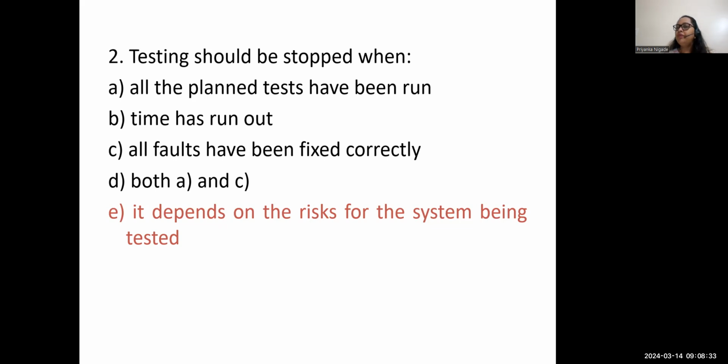Even all faults have been fixed correctly, this is also true. But the relevant answer for when to stop testing totally depends on the industry, correct? So we can simply define the risk of the organization and that particular software which you are testing. So the appropriate answer for this question is, it depends on the risk for the system being tested.